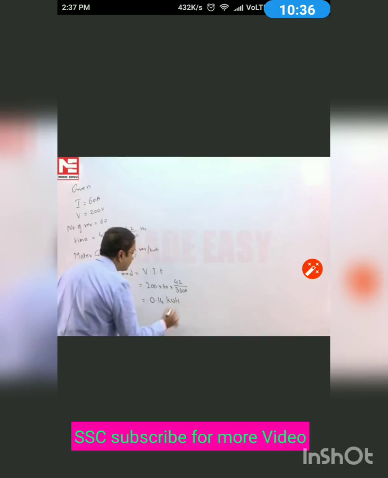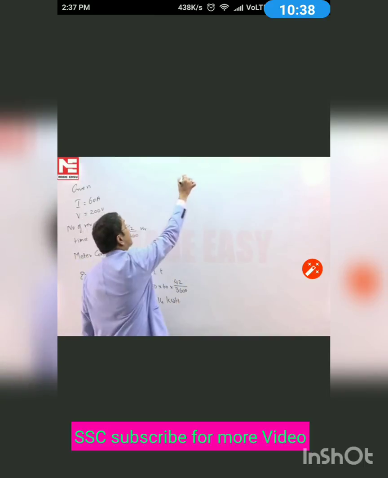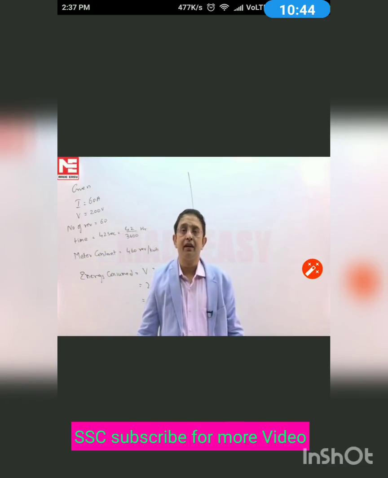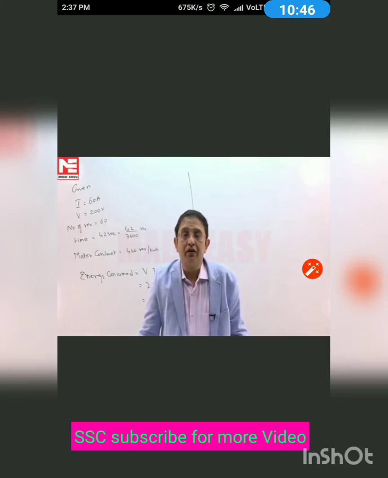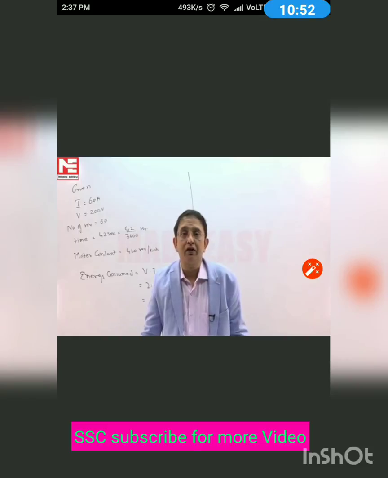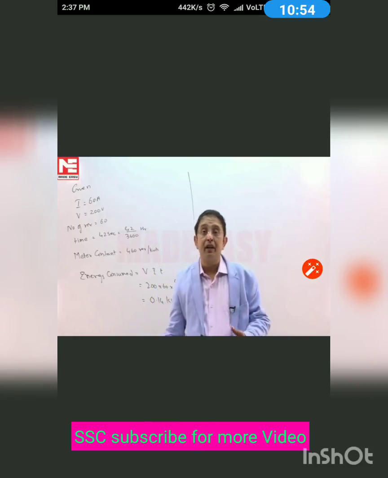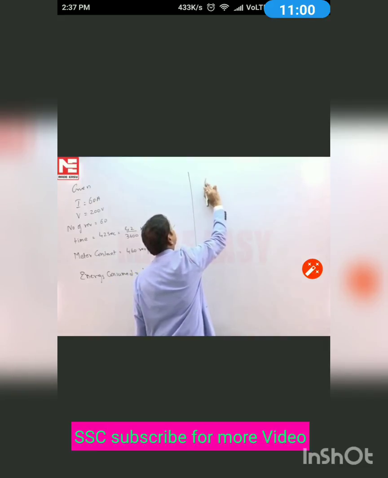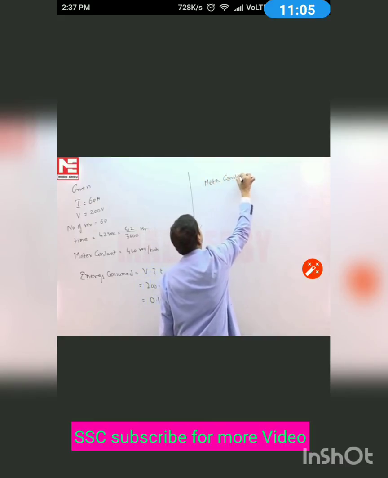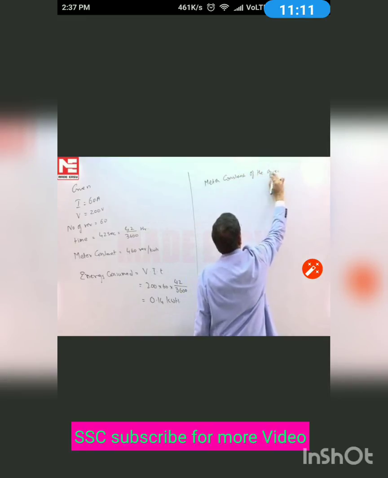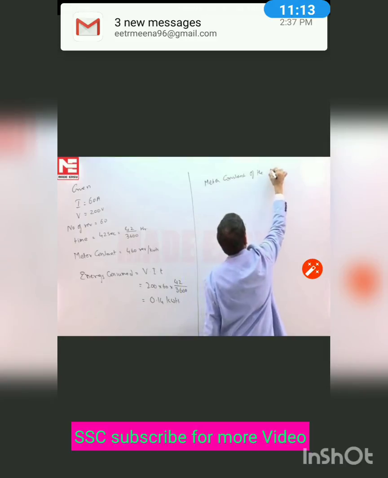kilowatt hour. Now, the meter constant of an energy meter is defined as the number of revolutions that the energy meter's disk makes per kilowatt hour of energy consumed. So, for 0.14 kilowatt hours of energy consumed, we will calculate the meter constant for this particular calculated load.